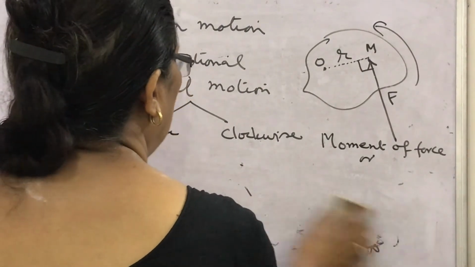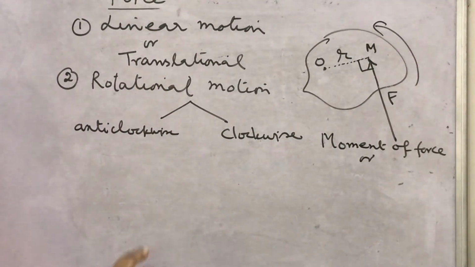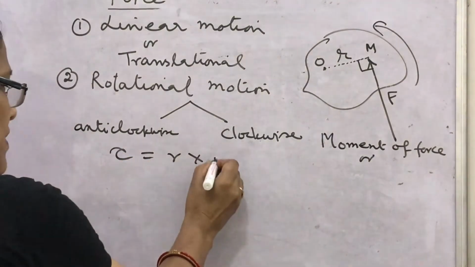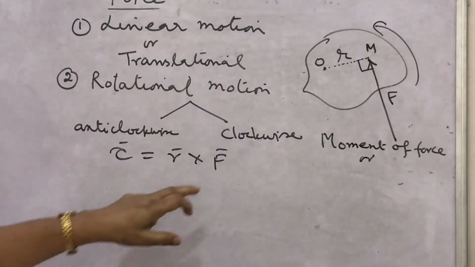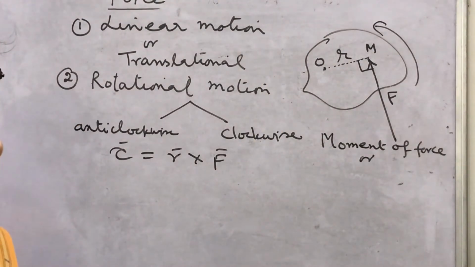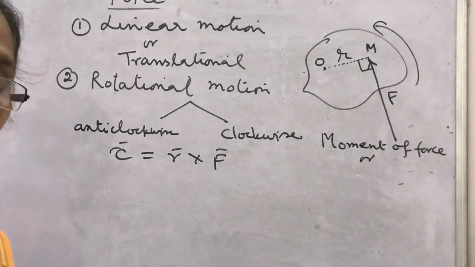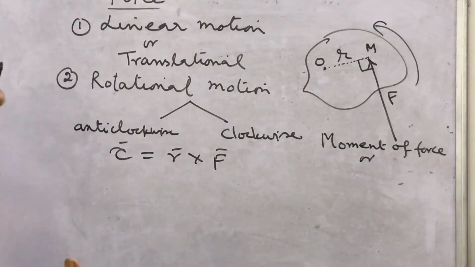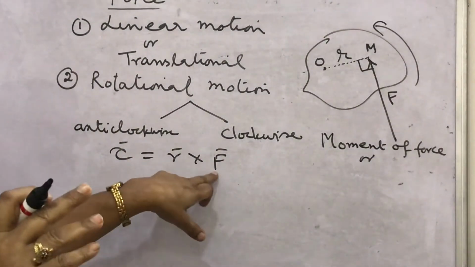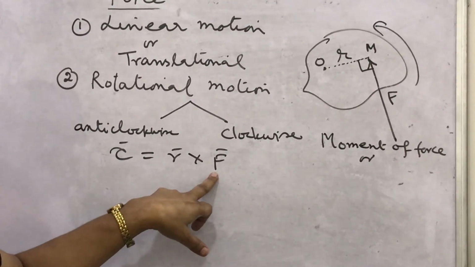What is couple? You know, moment of force is r cross F. You have just learned that with the application of one force, the object is rotating. Actually, couple means an equal and opposite pair of forces. In this moment of force or torque, we have already discussed the effect of one force, but actually there are two forces.